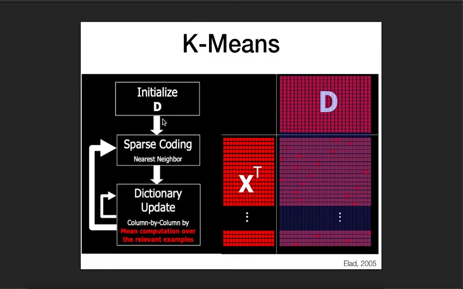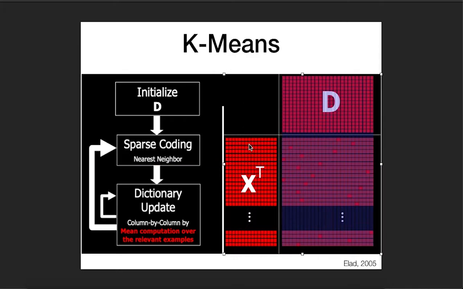For example, this is X transpose, and each row consists of one atom which is closest in dictionary D, right? This is like an extreme form of sparsity. Now every element has a particular atom in D, which is its nearest neighbor. Let's call this sparse coding, right?